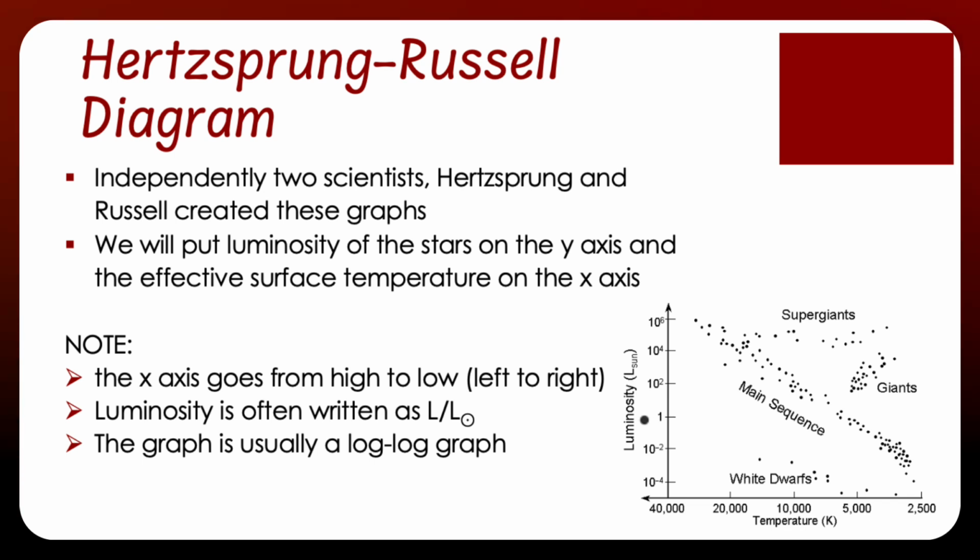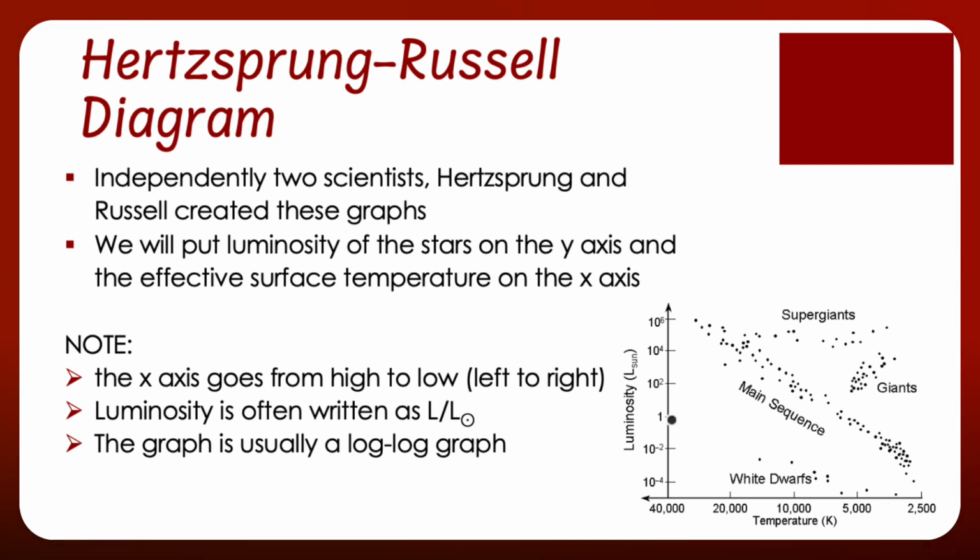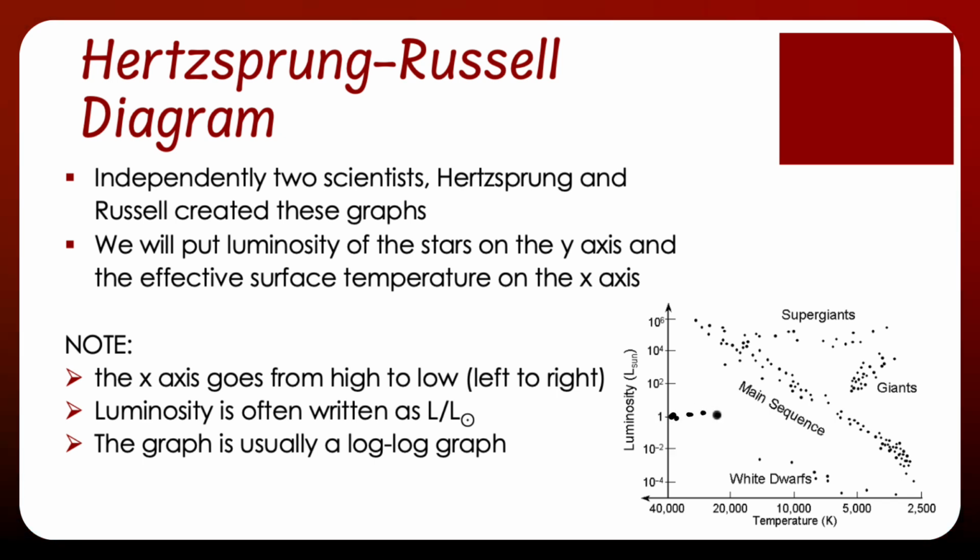So if you were the luminosity of our sun, we would give you a value of 1. This one will have a luminosity 100 times greater, or this is now a hundredth compared to our star. So our sun would be along this line somewhere. It is a main sequence star. It's going to be in this area.